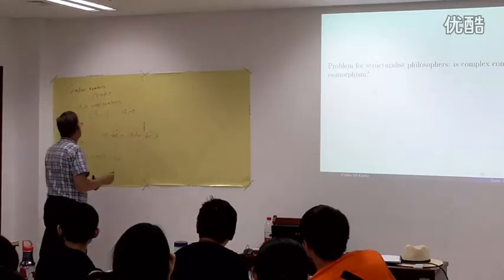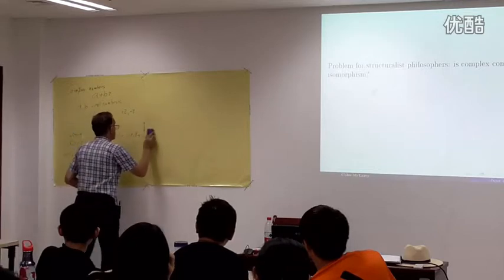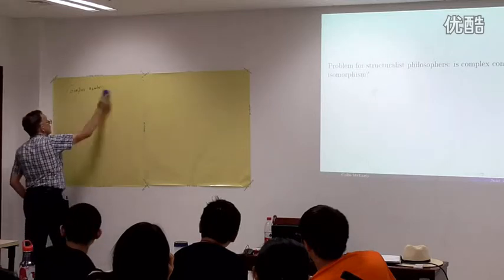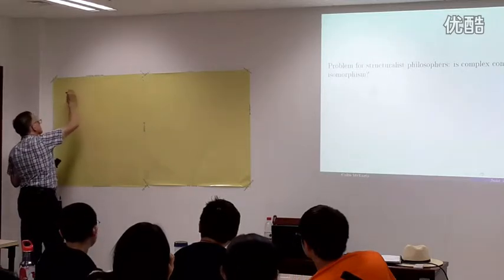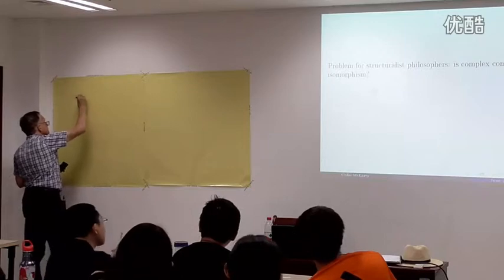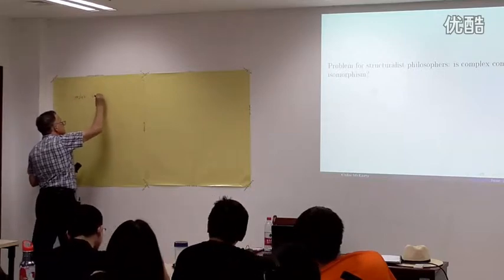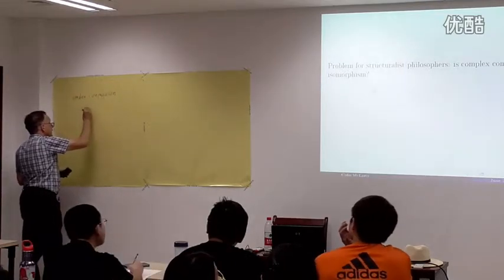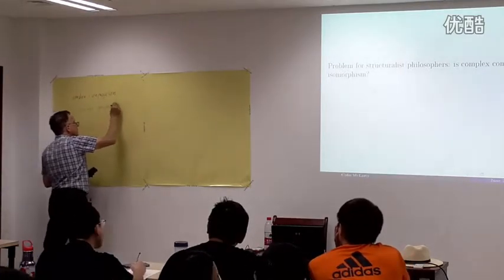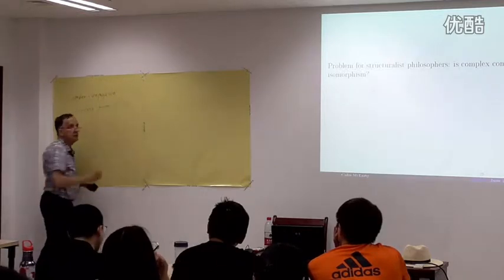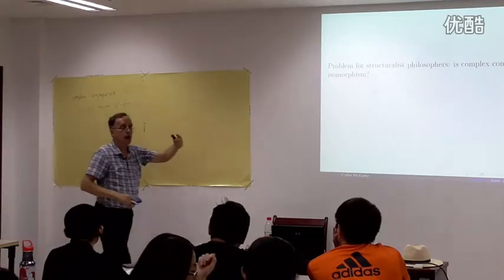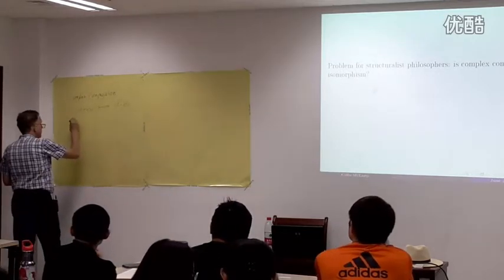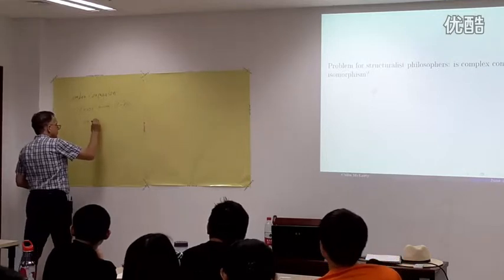What they say is, to put it more technically, complex conjugation, which takes a plus bi and maps it over to a minus bi, because we couldn't tell which was i, which was minus i, is an isomorphism.